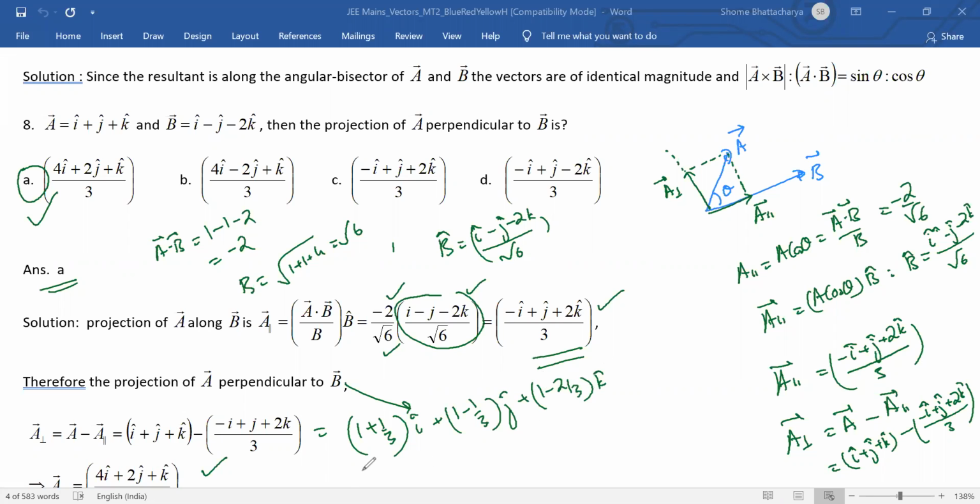So this is 4i cap plus 2j cap plus k cap, the whole thing divided by 3. So option A is correct, and that is the answer also. That's the answer given in the key.